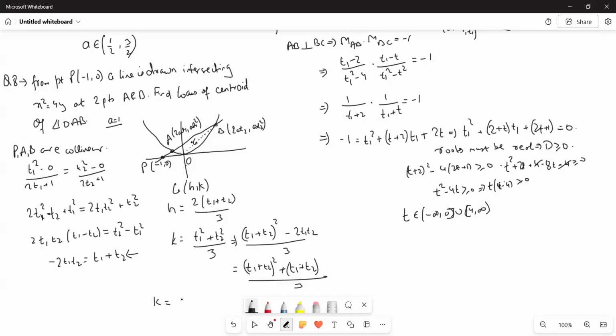That will give us 9h square by 4 plus 3h by 2 is equal to 3k. So ये 3, 3, 3 cancel हो गया. So we'll get 4k is equal to 3h square plus 2h. This would be the required locus.